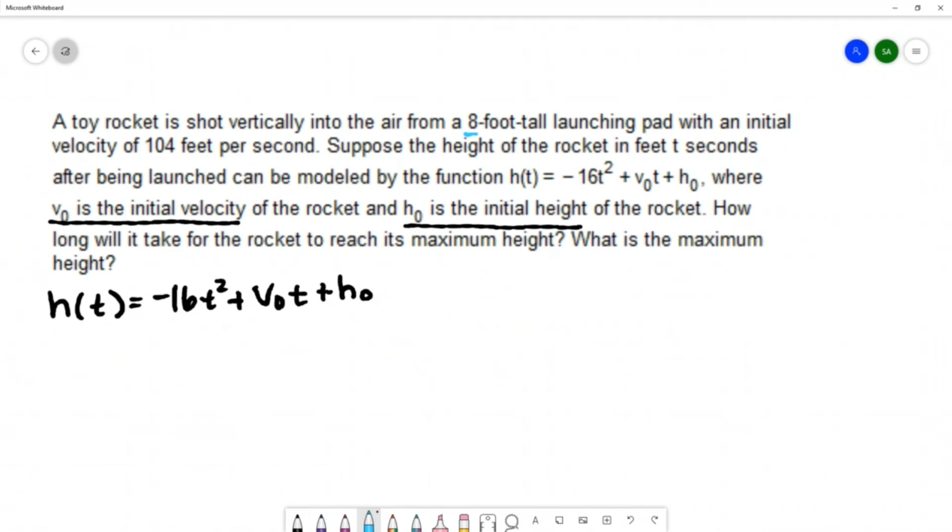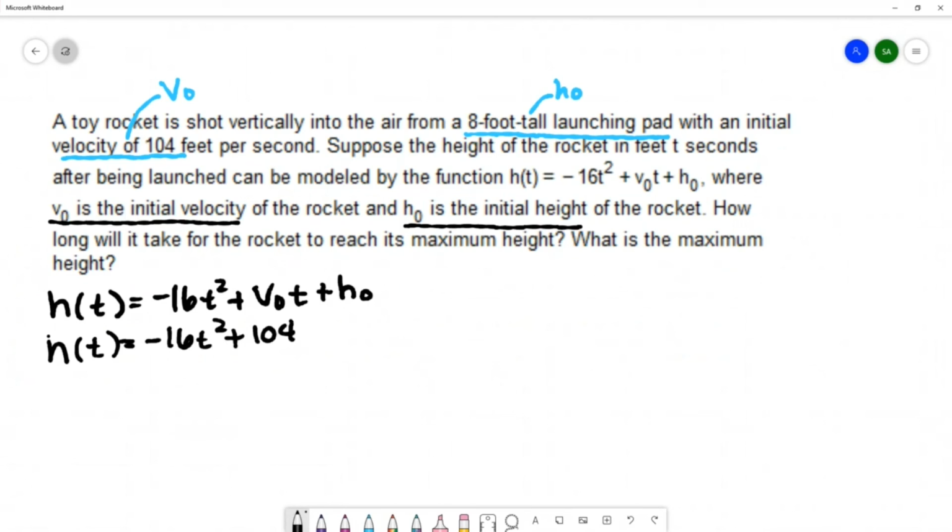We're launching from an 8-foot tall launching pad with an initial velocity of 104 feet per second. So this is what's substituted into h naught, and this is what's substituted into v naught. That's going to give us our function, negative 16t squared plus 104t plus 8.